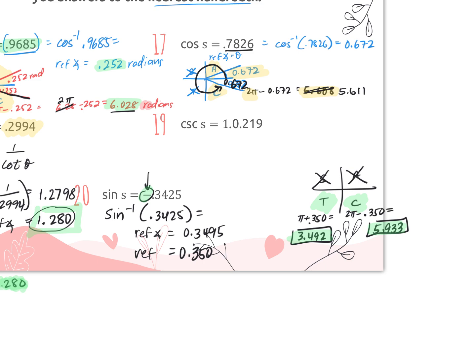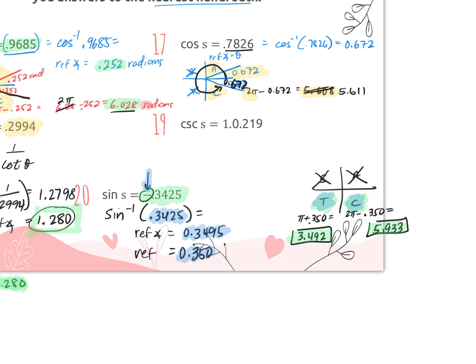Those are my two angles that have a sine of negative 0.3425. Okay, so I use the negative part of this just to figure out my quadrants, 3 and 4. Then I use the positive part with the inverse sine to find my reference angle, rounded to the nearest hundredth. Once I have my reference angle, I apply it to the proper quadrant with the proper formula.